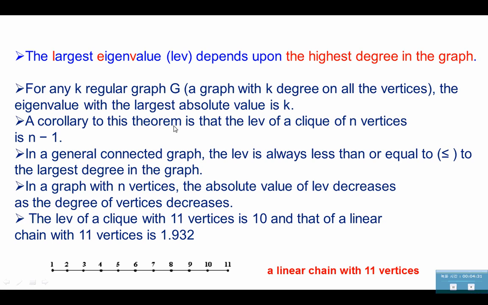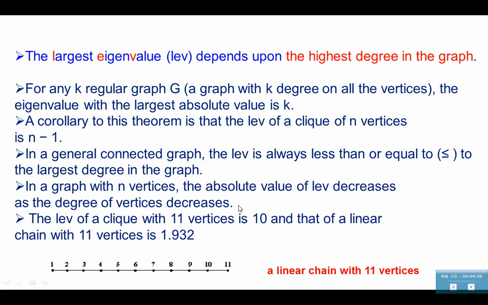The corollary to this theorem is that the largest eigenvalue of a clique of n vertices is n minus 1. And in a general connected graph, the largest eigenvalue is always less than or equal to the largest degree in the graph.